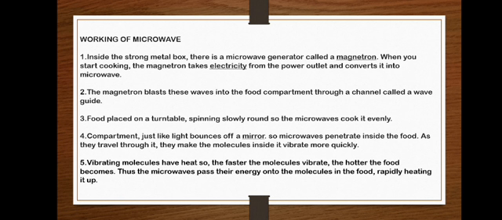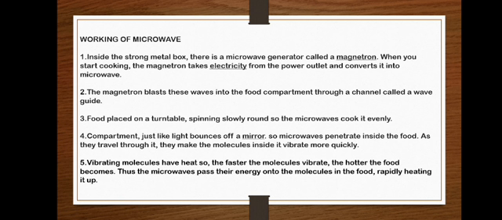Food is placed on a turntable, spinning slowly round so that microwaves cook it evenly. Just like light bounces off a mirror, microwaves penetrate inside the food. As they travel through it, they make the molecules inside it vibrate more quickly.